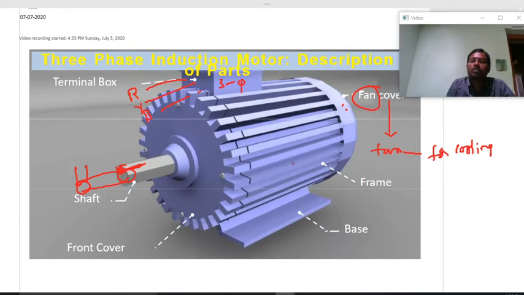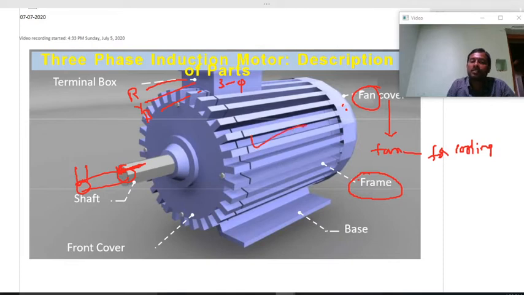Also, due to mechanical damage, if you want to shift the machine from one place to another, or due to any mechanical stresses on the machine, to avoid damage due to mechanical pressure during transportation, we should use a frame. This is a strong frame.